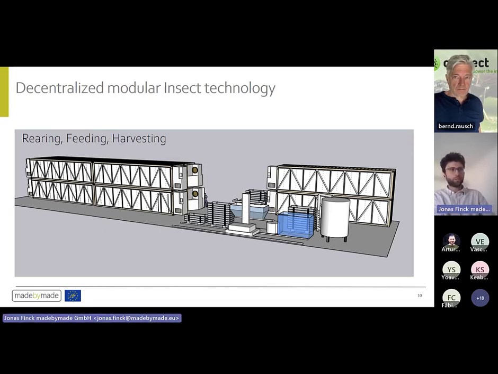So we use this system based on shipping containers to scale it up depending on the amount of organic residues and also on the space you have on a specific site.